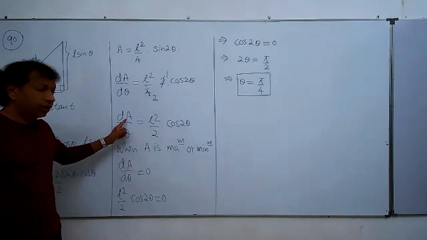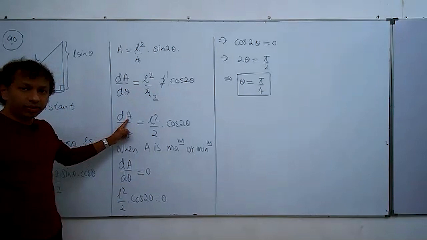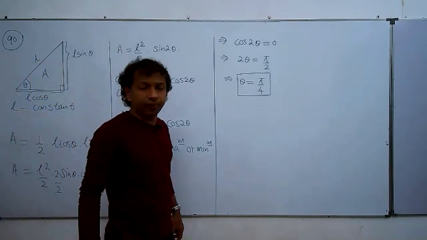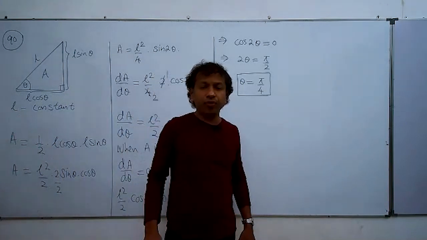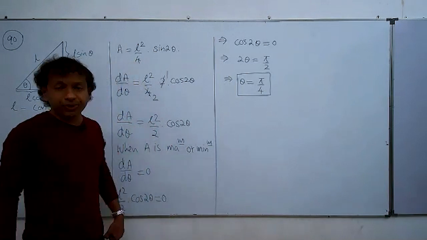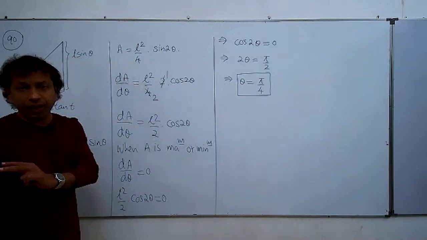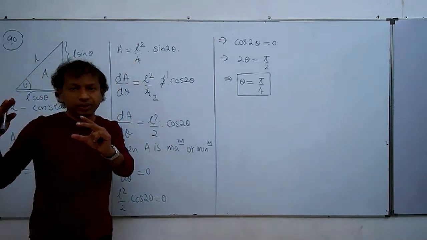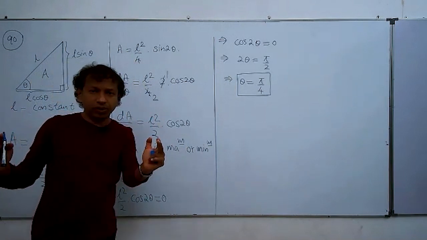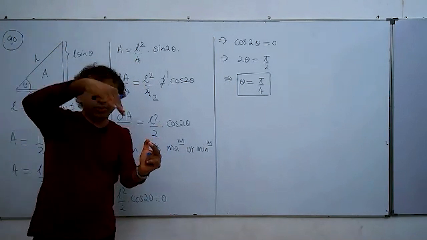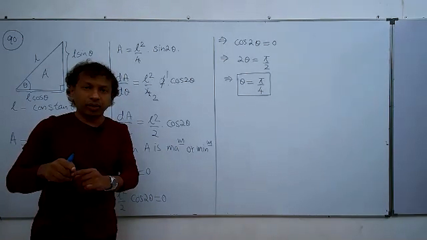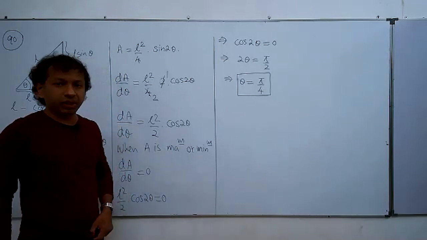That means the area A is either maximum or minimum, but we don't know which one. To verify that, we go for the first derivative test or second derivative test. In the first derivative test, if the gradient is negative before that value and positive after that value, the curve is like this, then it is a minimum; the reverse gives a maximum. But in this case, I'm going to use the second derivative test.